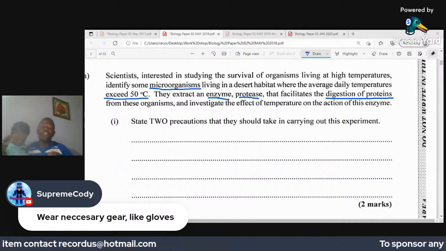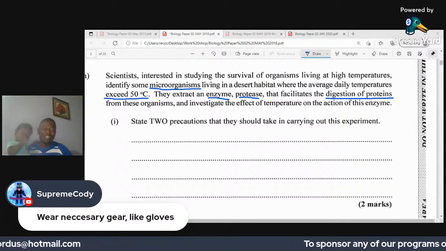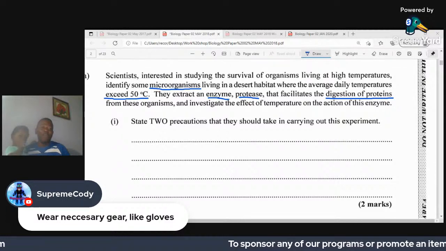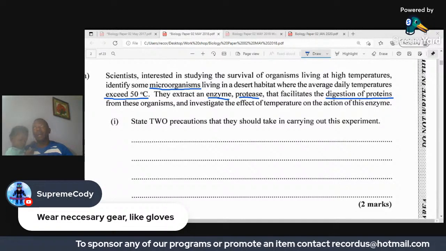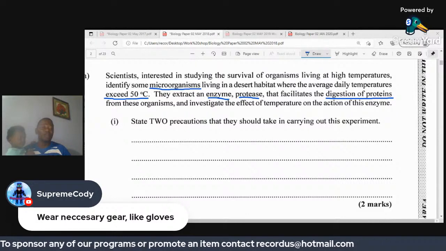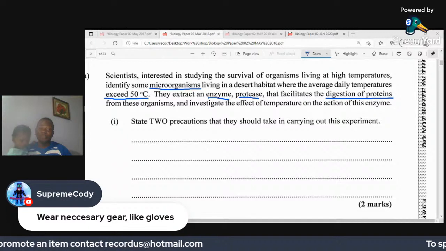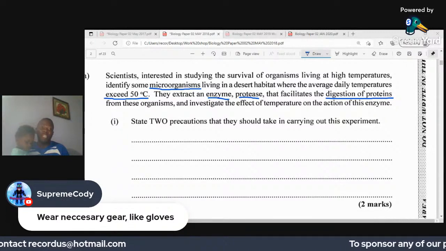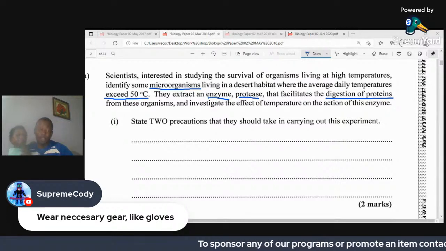Now, the fact that we don't know this organism and it is a microorganism, a school of thought is that there's a possibility that this microorganism could be pathogenic. We don't know if the organism is pathogenic. So I'm giving you a whole lot of precautions here.